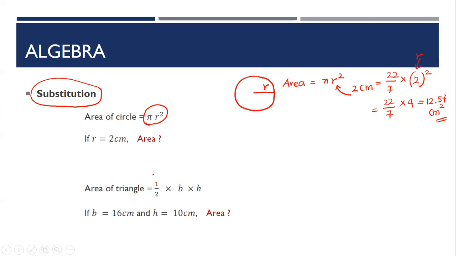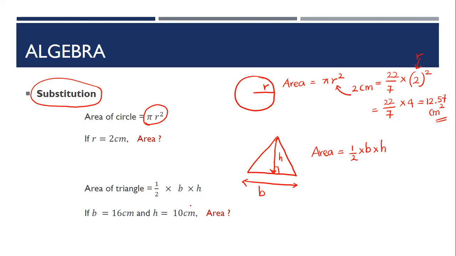The next one is the area of the triangle. I'm giving these two examples for you guys to get the idea. If we consider a triangle, this is my triangle. This base is b and the height is h. We know the equation we are using for the area of this triangle is half base into height, so our equation is half bh.